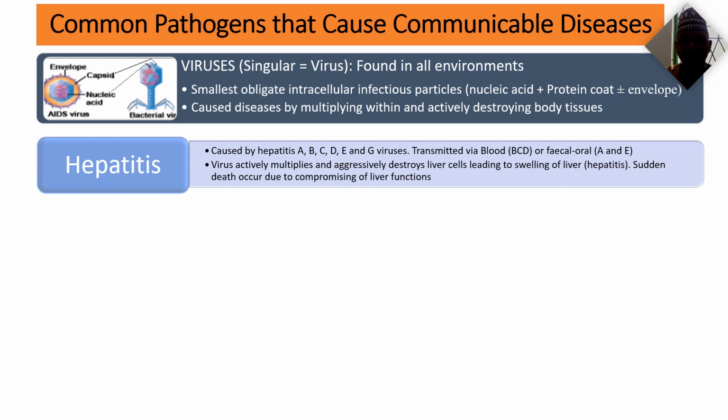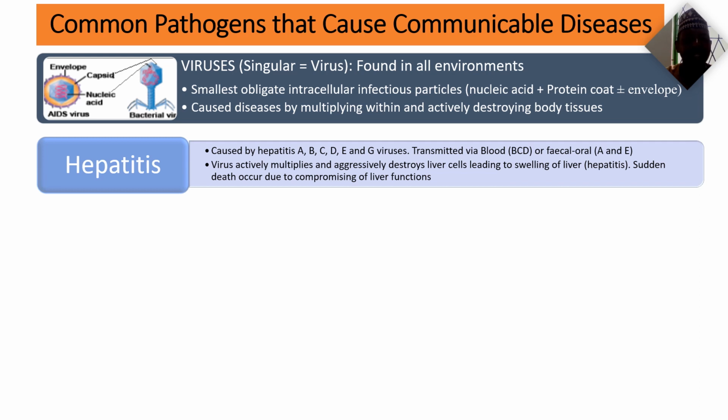The remaining two, hepatitis A and hepatitis E viruses, are transmitted through contaminated feces of an infected person. That is, their transmission is fecal-oral, from feces of an infected person to food or water. Then after ingesting the contaminated food or water, the virus is transmitted to the healthy person.